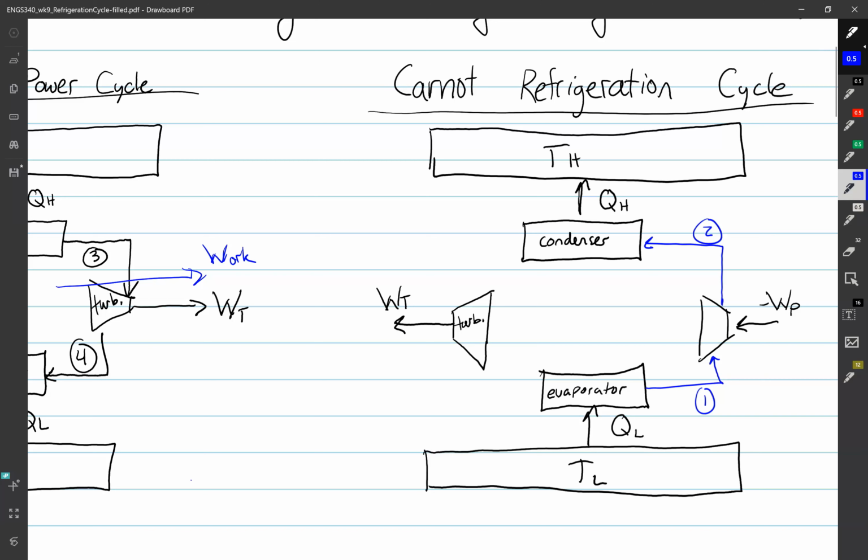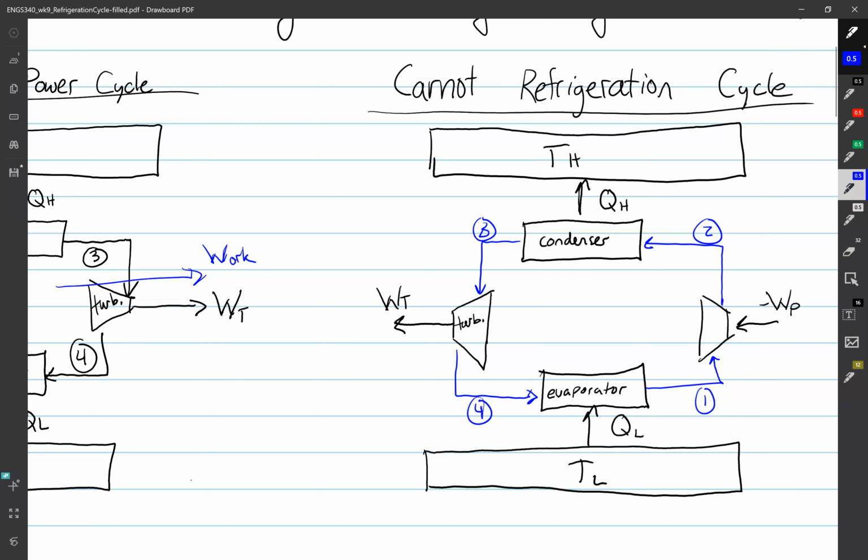Then we're taking the outlet of the condenser, putting that into what's now a turbine. So this is now low temperature and high pressure. And we're taking the outlet of that turbine and putting it back into an evaporator.